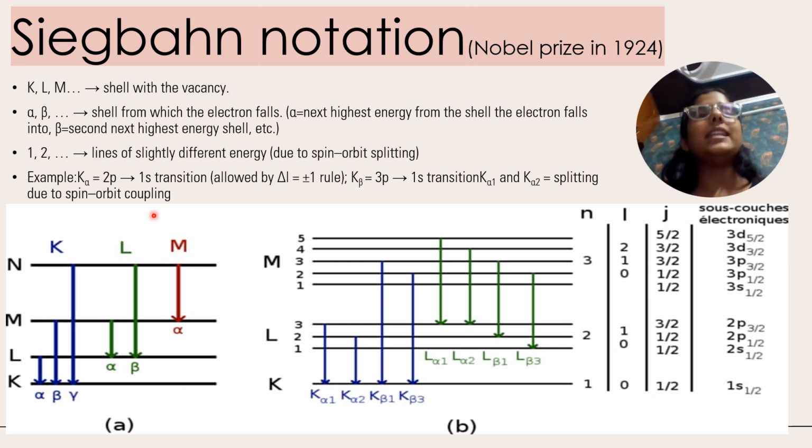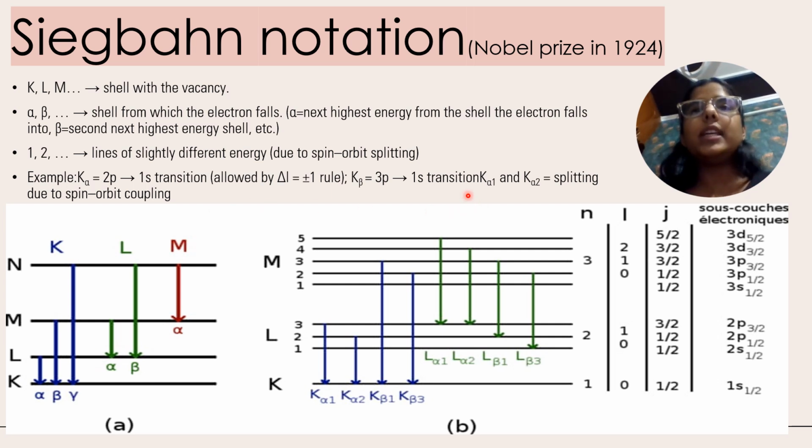Also, the L series corresponds to transitions ending in the L shell, which has a principal quantum number of 2. The Greek letters such as alpha, beta, gamma indicate which higher shell the electron comes from. K alpha means the electron fell from the L shell to the K shell. K beta means the electron came from the second highest energy shell, that is the M shell, to the K shell. Similarly, L alpha corresponds to the transition from the M shell to the L shell.